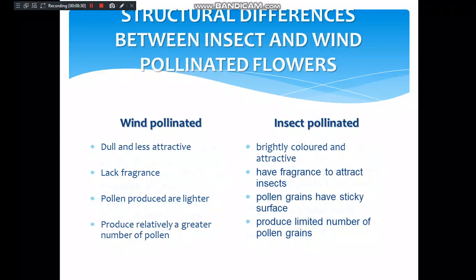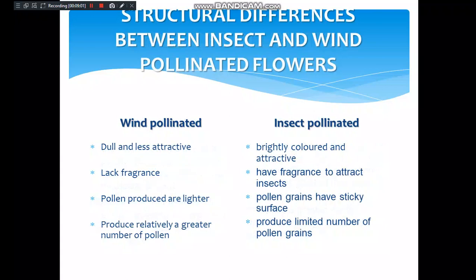Wind pollinated flowers will lack fragrance. However, insect pollinated flowers have a fragrance that is designed to attract the insects into the flower. Like we earlier said, there are nectaries, and all those nectaries and the fragrances attract the insects into the flower.